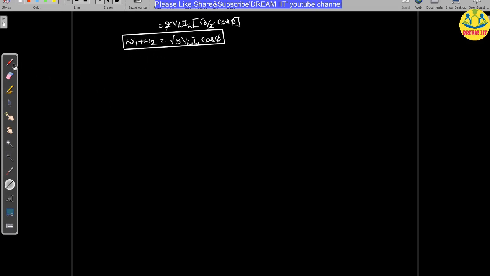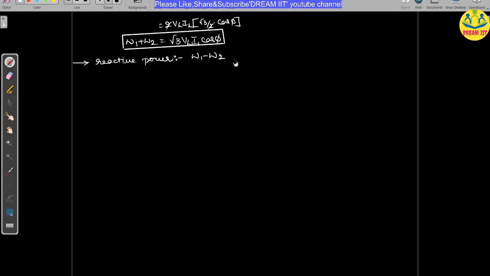Now let us take the reactive power. How are you going to get the reactive power of this circuit? If you want to get the reactive power, just take the readings' subtraction, W1 minus W2.